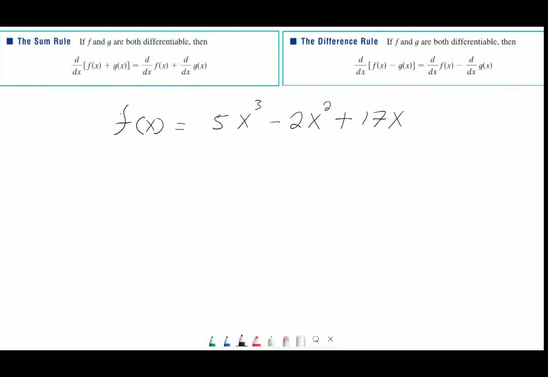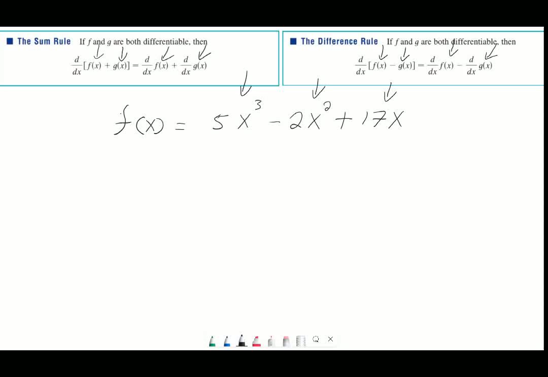In this situation, when I take the derivative, I can take this derivative term by term because this is really saying I'm looking at each term as a separate either addition or subtraction, and then I can take each term's derivative one at a time, whether it's addition or subtraction.